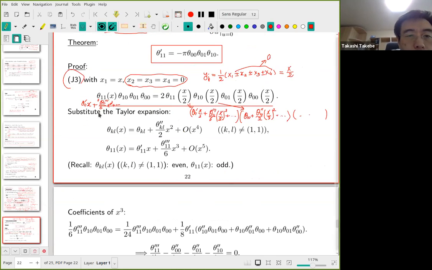So, for example, the first term is the product of this theta 1 prime x times this constant.